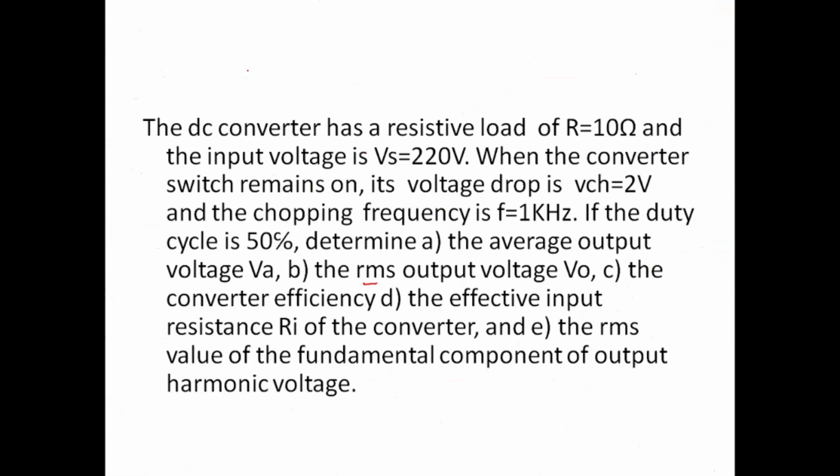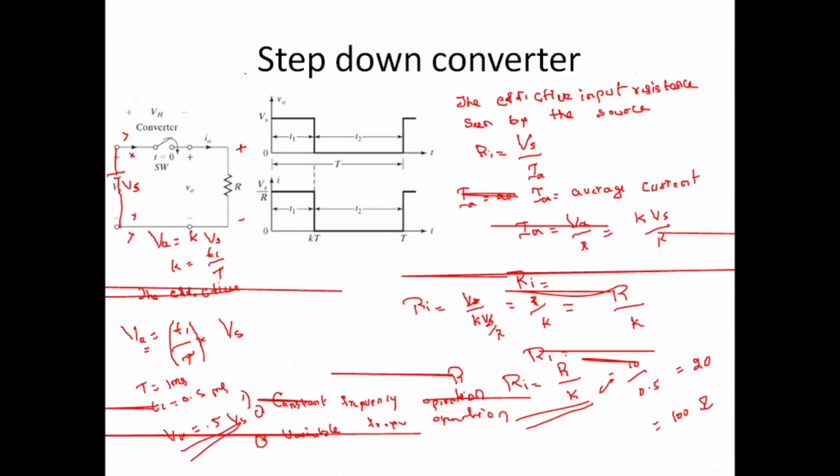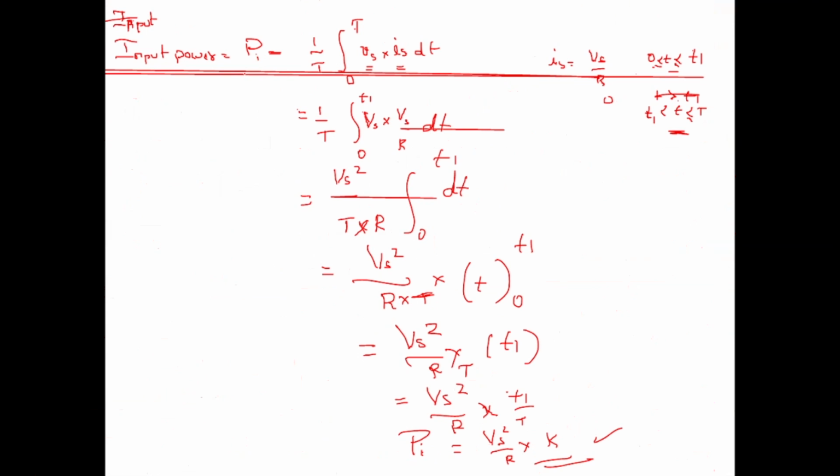As usual, we should take the average, 0 to T. We have seen this already while calculating the input power. So Vs into Is into dt. So Vs by R, 0 to T1.